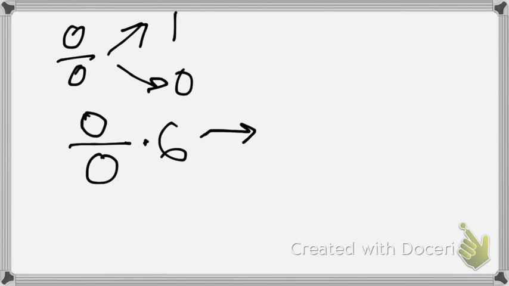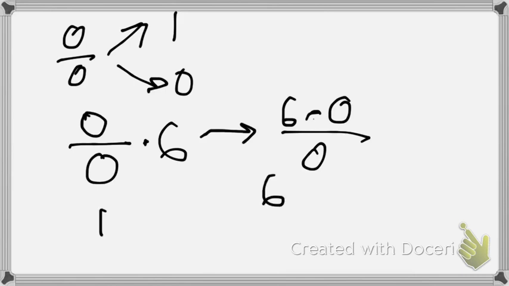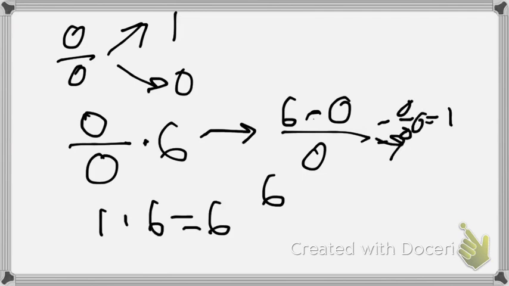Because if 0 over 0 equals 1, then 0 over 0 times 6 would be 1 times 6, which equals 6. But 6 times 0 over 0 would then equal 0 over 0, which would then equal 1, and 1 times 6 equals 6. So there's just no good way to do it.